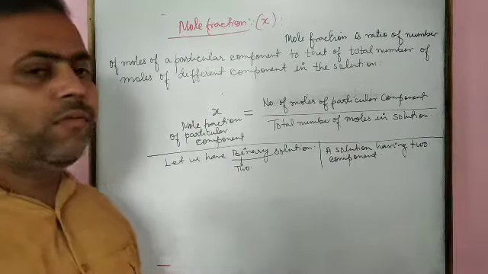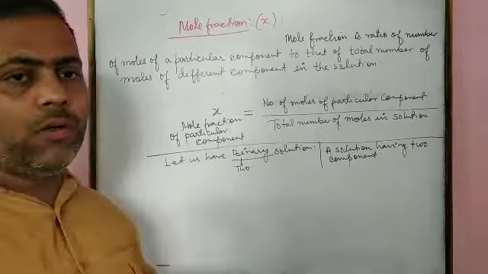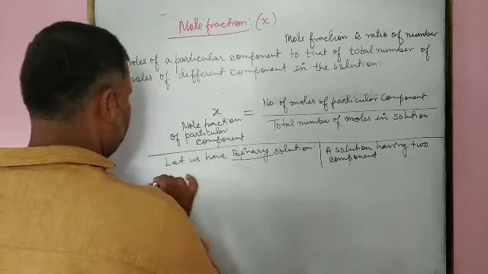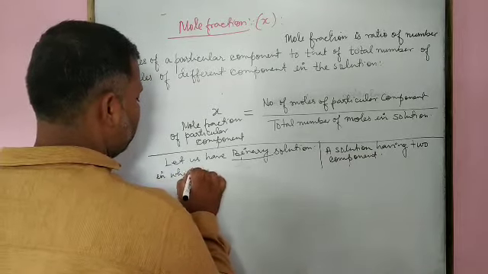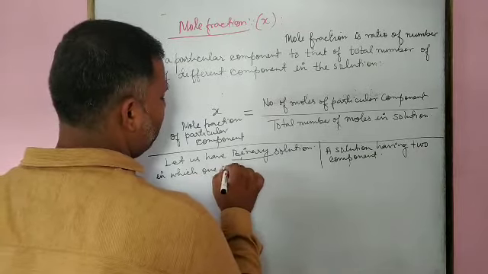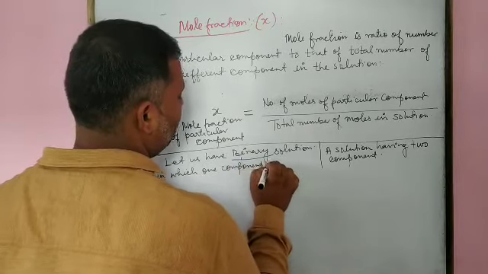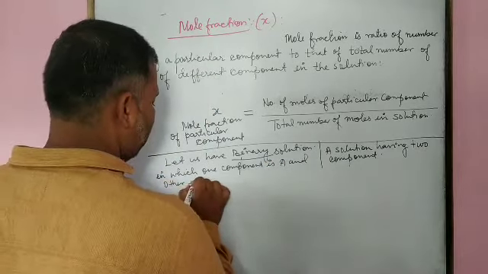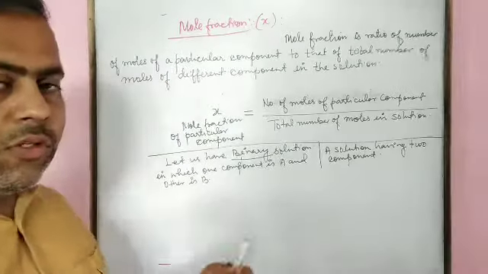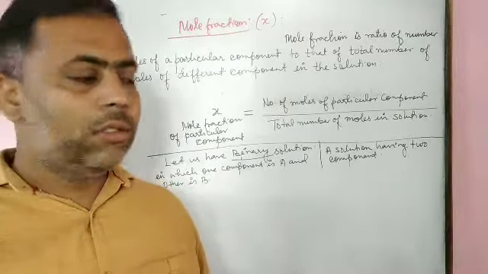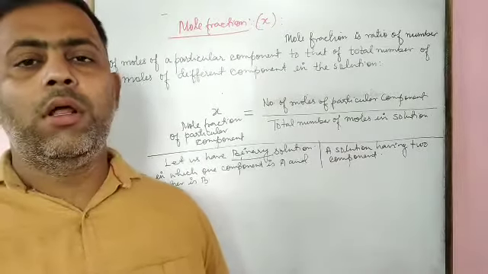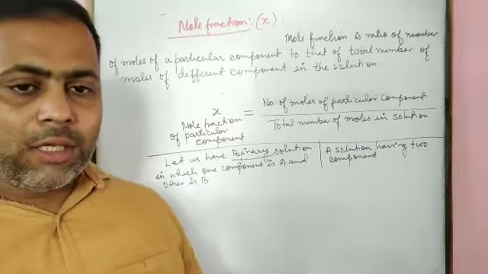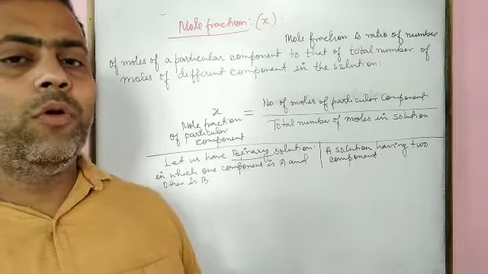Mole fraction will be more clear if we take a binary solution. Let us have a binary solution in which one component is A and the other is B. If we suppose one component to be A and another component to be B, then how will we represent the mole fraction?